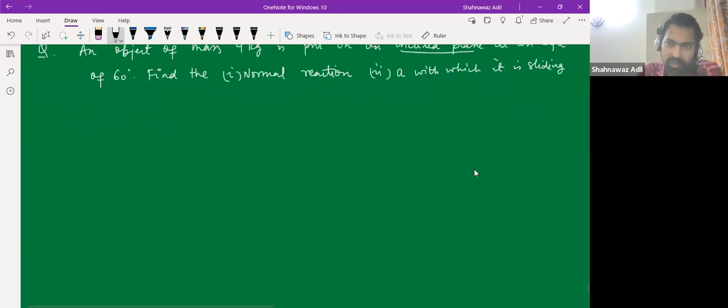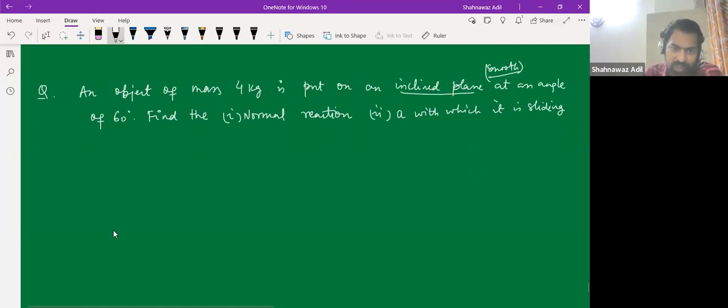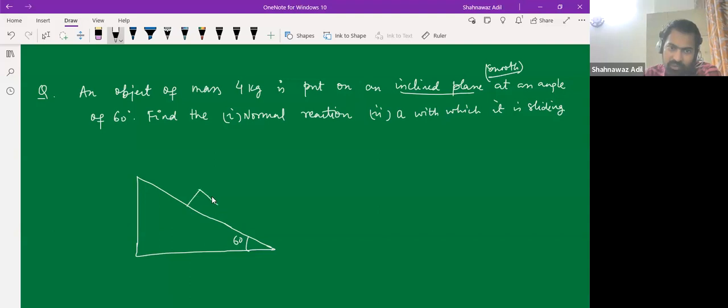So you have this inclined plane, and this is 60 degrees. Some object of mass 4 kg is put in here, and you have to calculate the normal reaction and the acceleration.